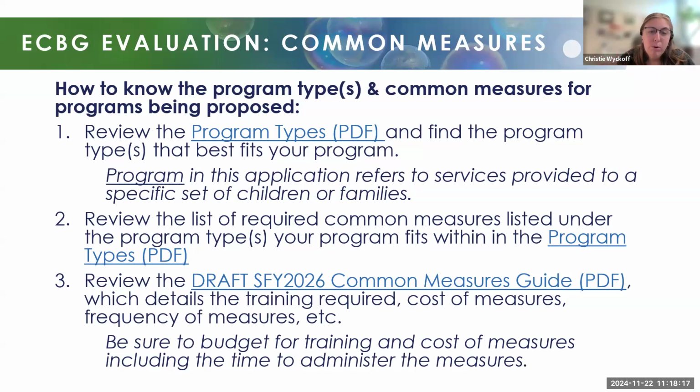So how do you know what program type the programs you're proposing are, and what measures you would be required to use if you receive funding? There are three simple steps, but they will take some time. First, review the program types PDF. I'm going to pull that up here. I thought I had it pulled up already, but I did not. Must have accidentally X'd out of it.